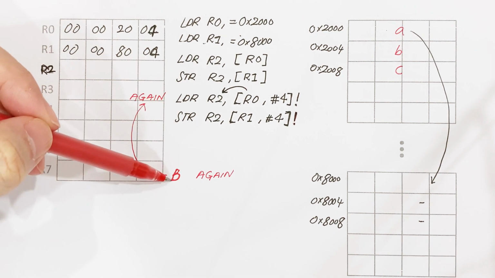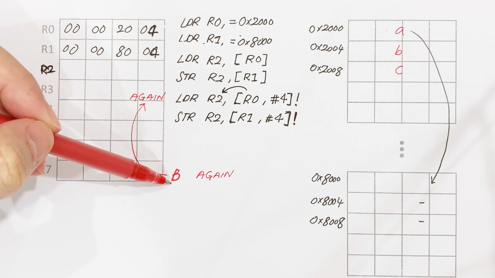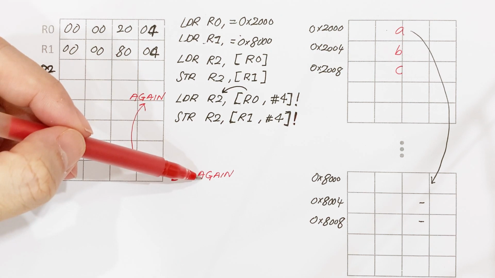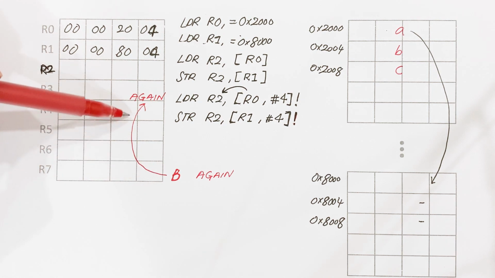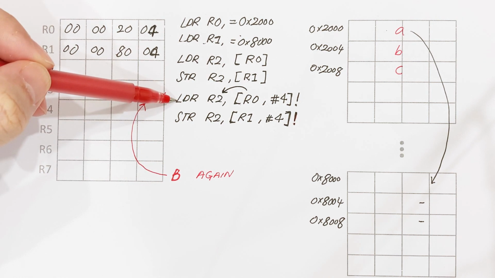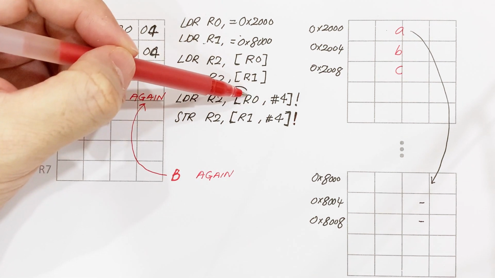And after that, when your processor sees the branch instruction and the label given by again, your processor will jump back to the root instruction there. So again, we repeat the process.